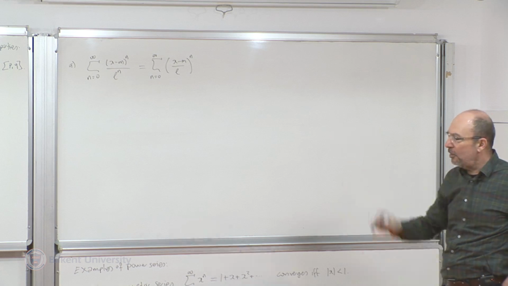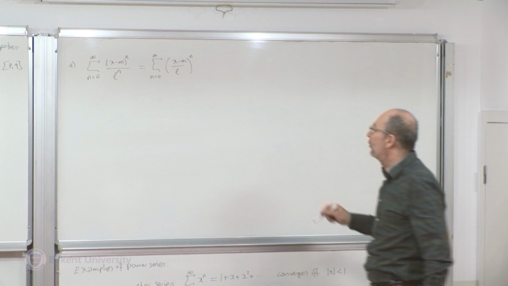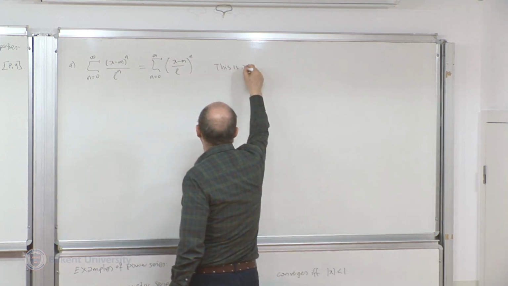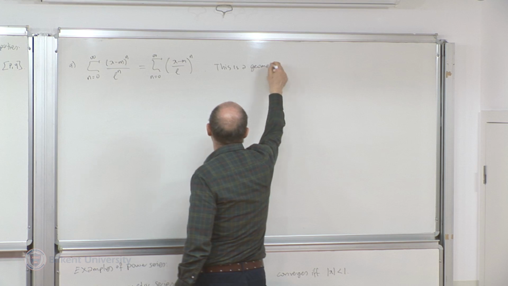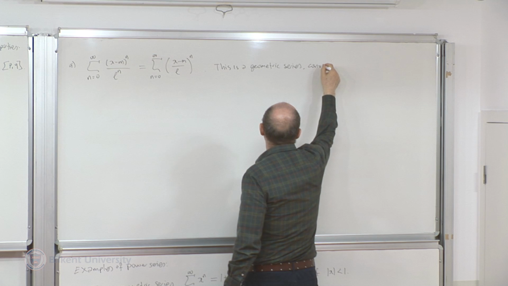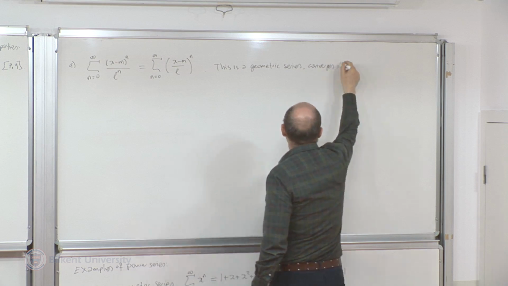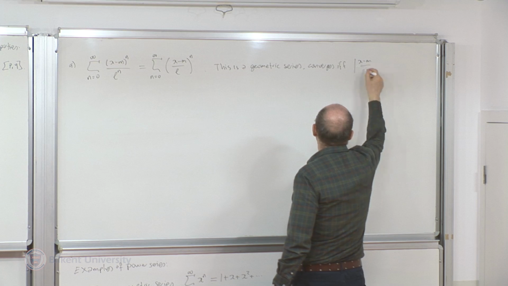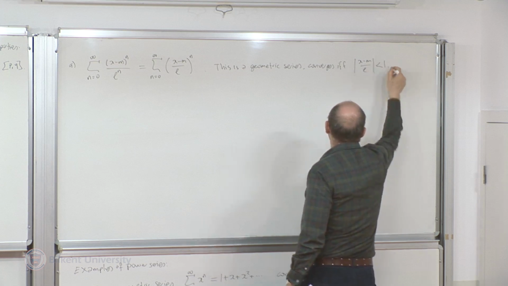So in particular, it diverges at the endpoints. So this is a geometric series that converges if and only if |x minus m| over L is strictly less than 1.